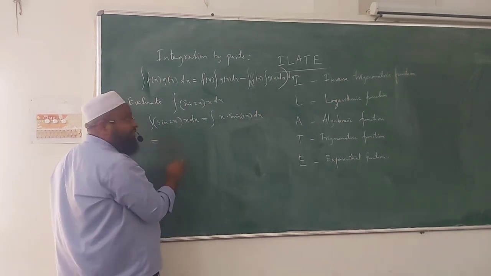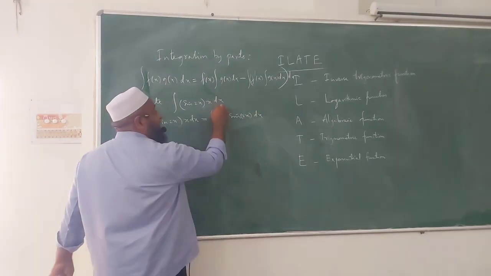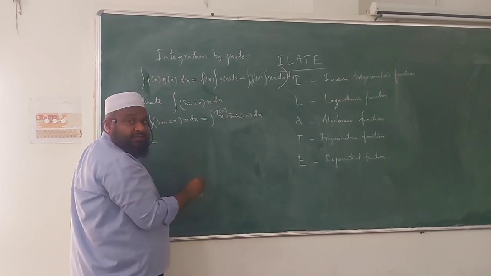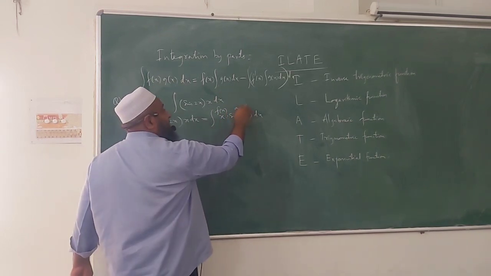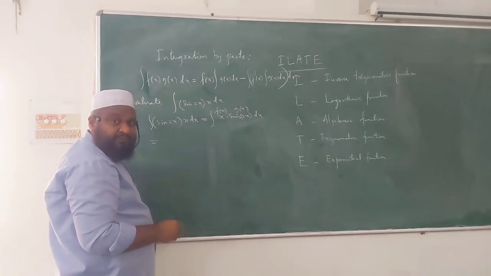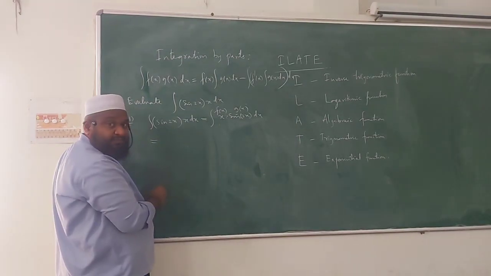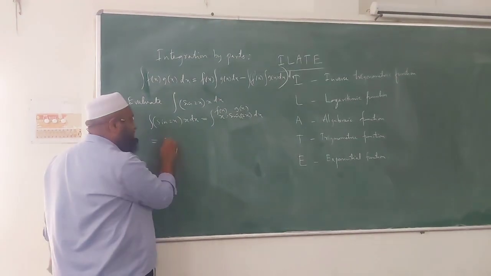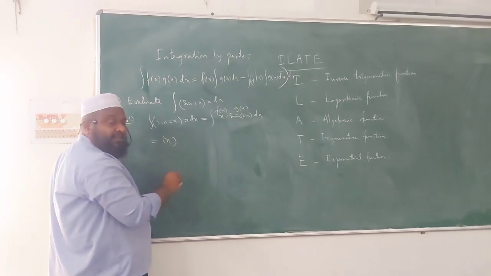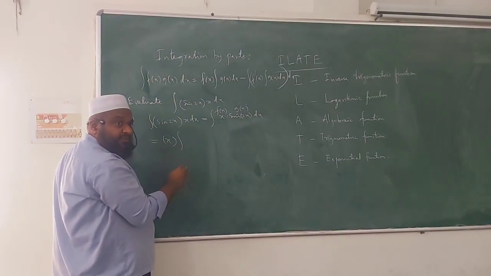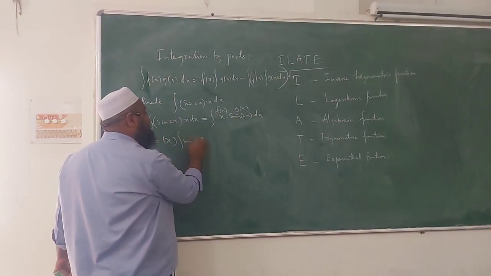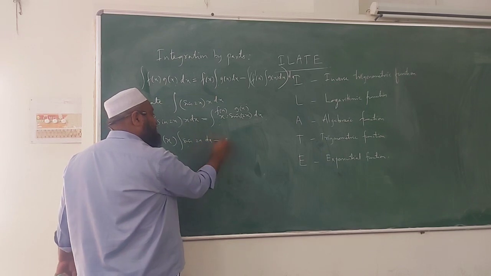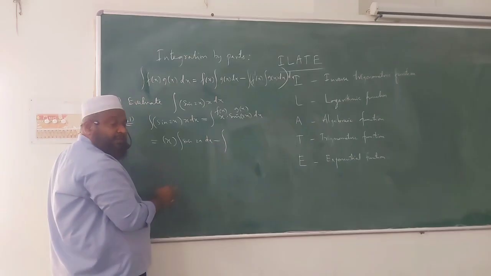Come on, tell me what is f of x? That is x. What is g of x? That is sine 2x. Now what should I write here? f of x. Very good. f of x, that is x, into integral of g of x, that is sine 2x dx, minus integral f dash x.